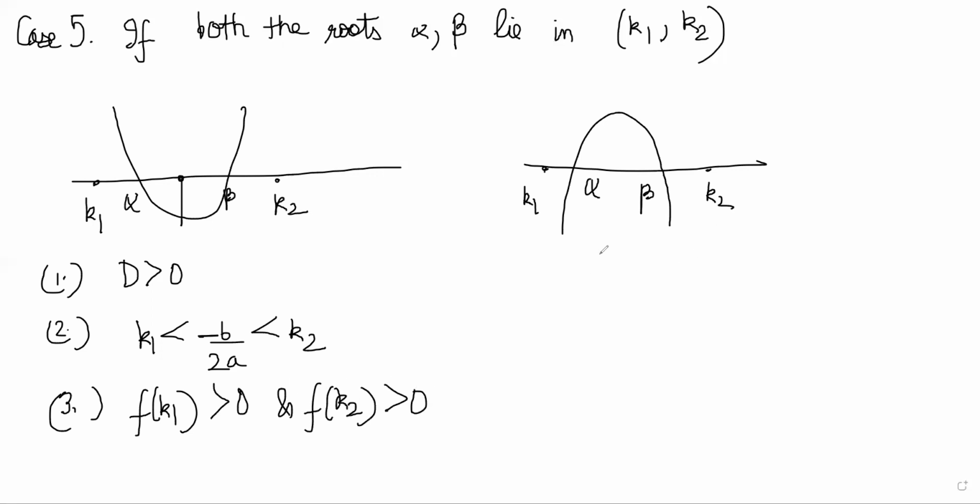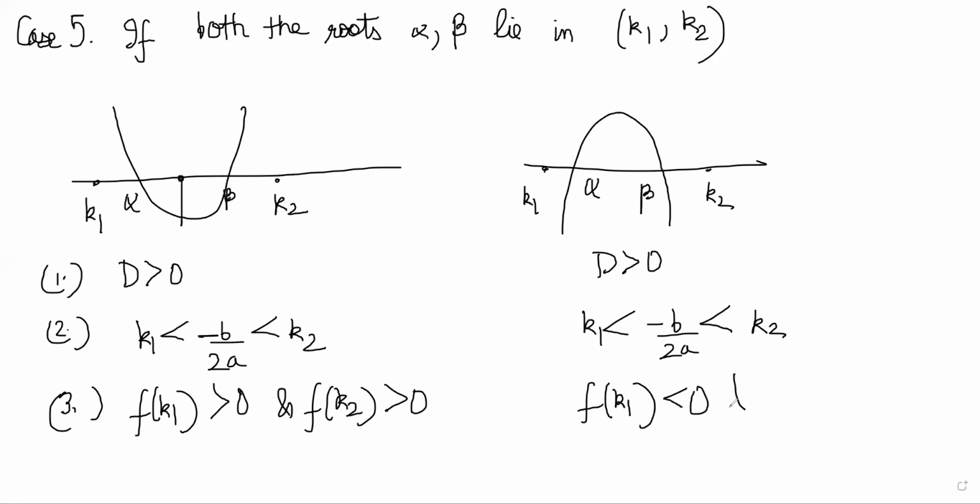And here you would write D is greater than 0, K1 is less than minus B by 2A less than K2. And you will write f of K1 is less than 0 and f of K2 is less than 0, right?